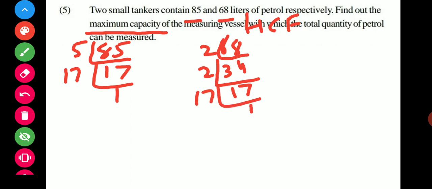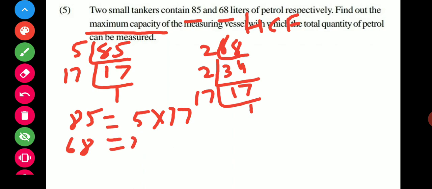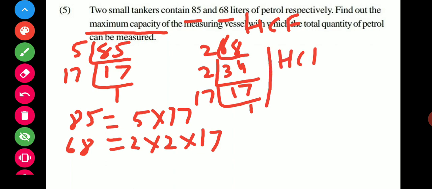So you can write 85 is equal to 5 into 17. And 68 is 2 into 2 into 17. So you can find the HCF. HCF is equal to how much? The common factor is 17 only.